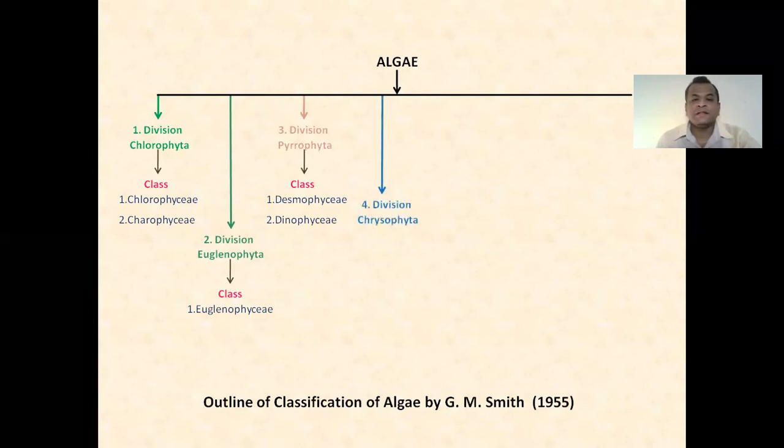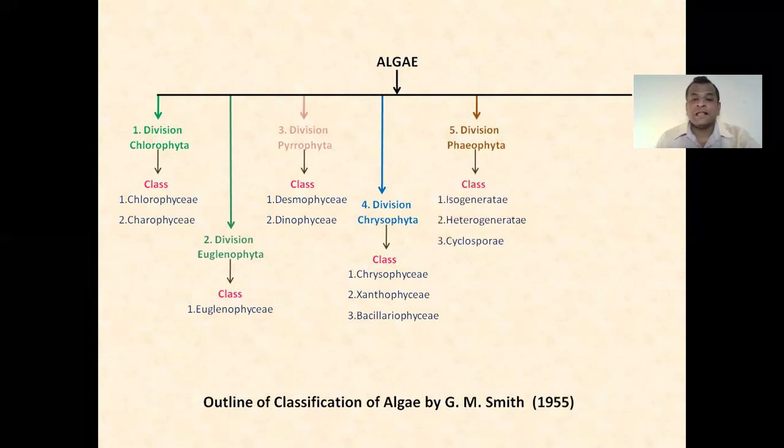The fourth division is Chrysophyta, which includes three classes, Chrysophyceae, Xanthophyceae and Bacillariophyceae. The fifth division is Phaeophyta, which includes three classes, Isogeneratae, Heterogeneratae and Cyclosporeae.